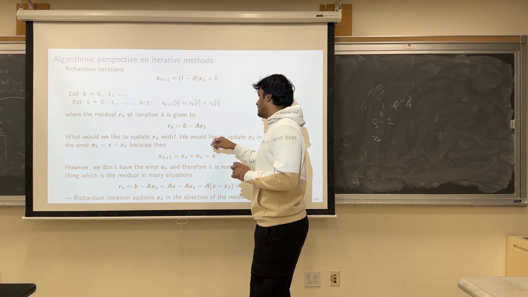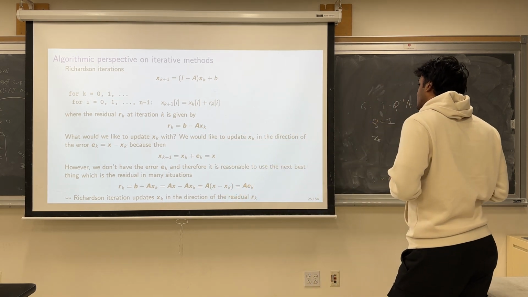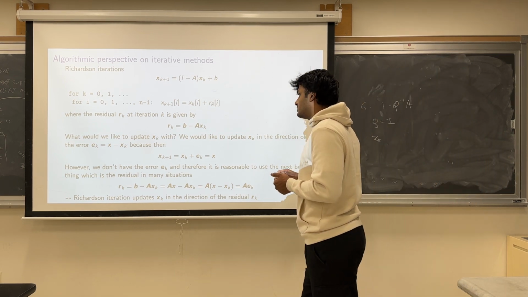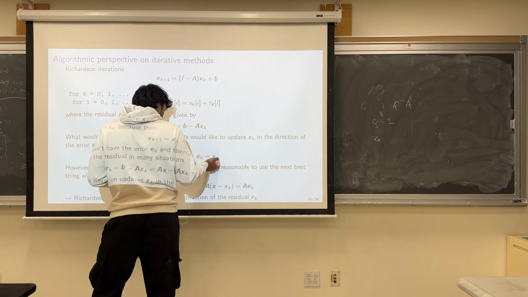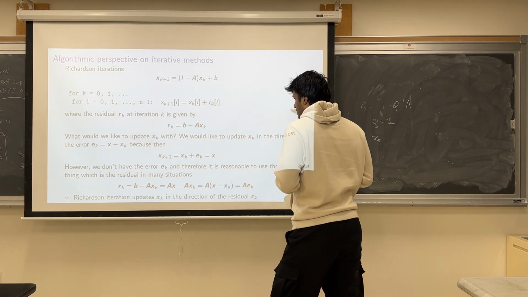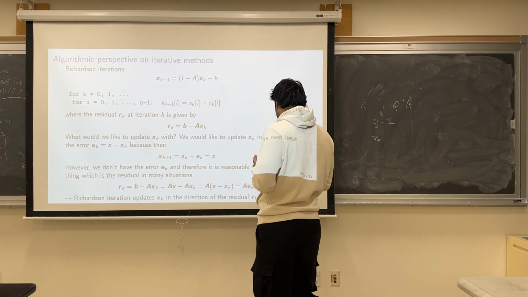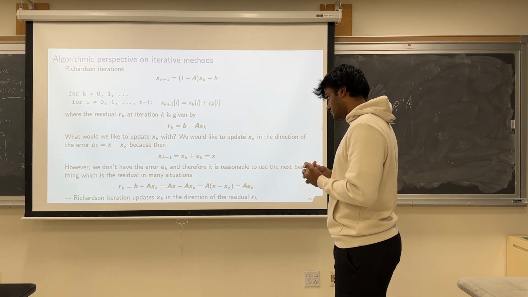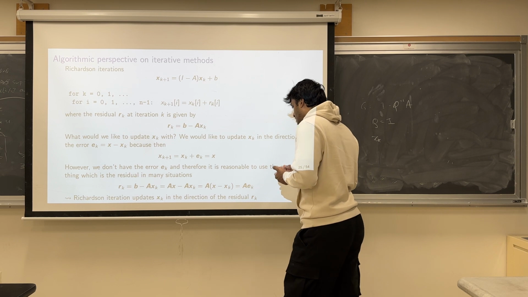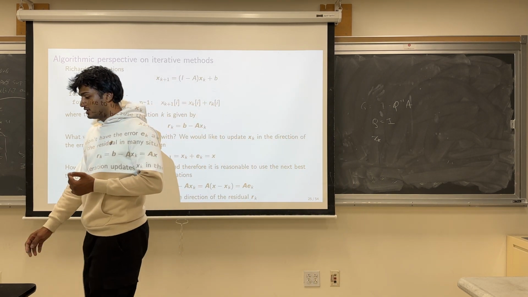We would like to update x_k in the direction of the error, because if we had the direction of the error, we could directly write the answer in one step. However, we don't have the error, and therefore it's reasonable to use the next best thing, which is the residual. It keeps on updating in the direction of the residual.